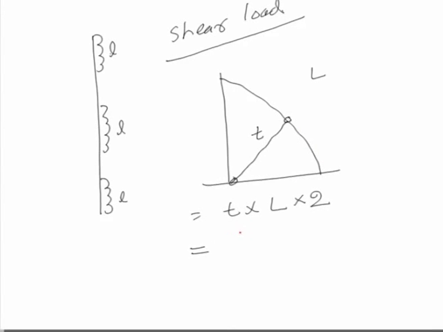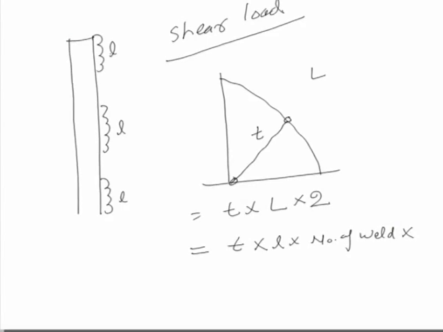The total weld area will be identified from the throat thickness, which is the same, multiplied by the length of each weld. If the length of one weld is L, we multiply it by the number of welds, here 3. Since we have such a configuration on both sides of the plate, and again 3 welds on the other side, this is taken into account.